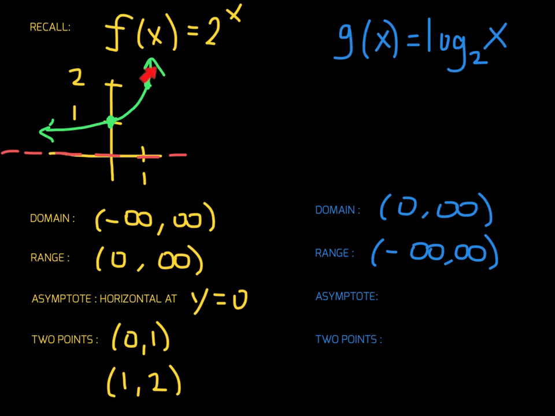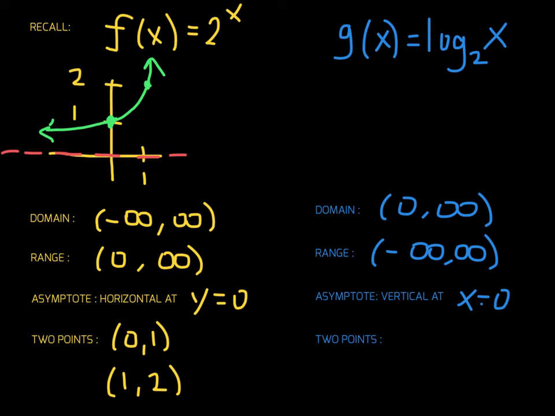For the exponential function f, if your asymptote is horizontal, that means the asymptote for the inverse function will be vertical, at not y equal to 0, but x equal to 0. Did you see that? So the exponential function had a horizontal asymptote at y equal to 0. Therefore, its inverse function, the log function, will have a vertical asymptote at x equal to 0.